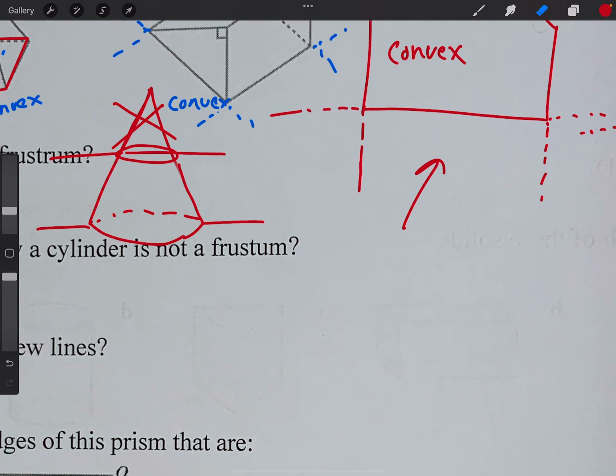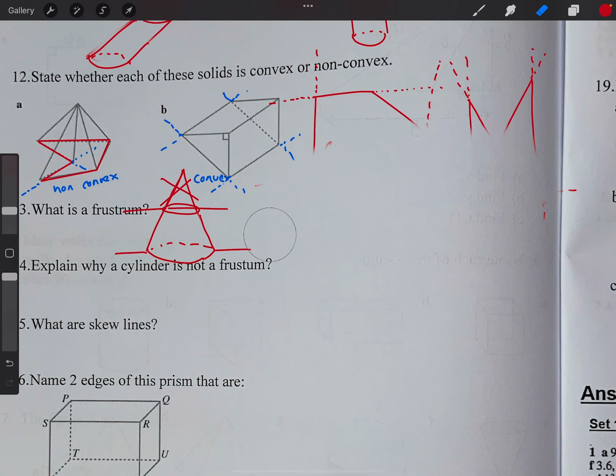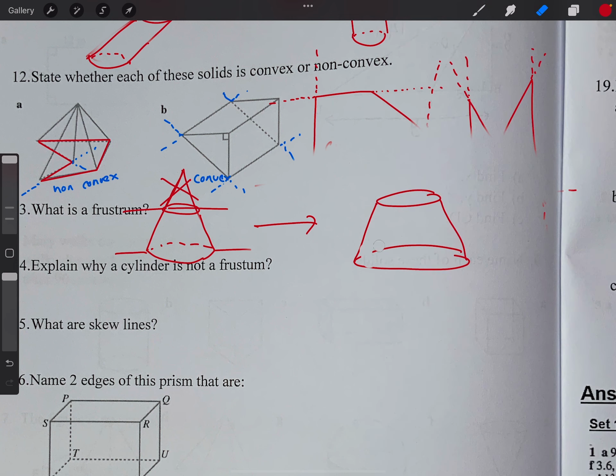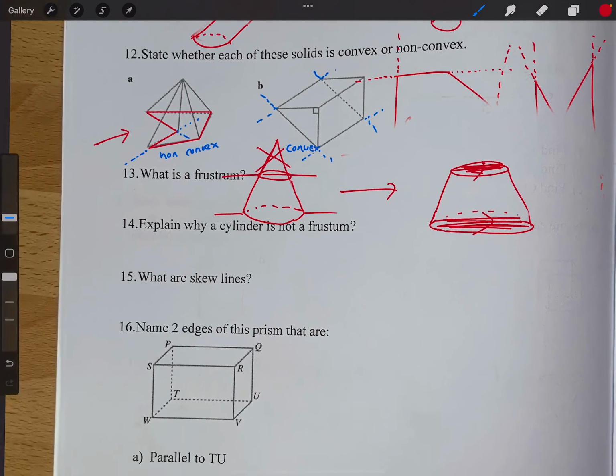So let me just rub this out. So now the shape looks like this. Where this face is parallel to this face. They're parallel, okay? This is called a frustum.